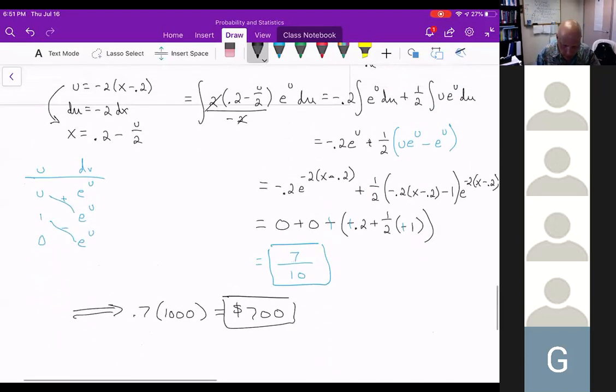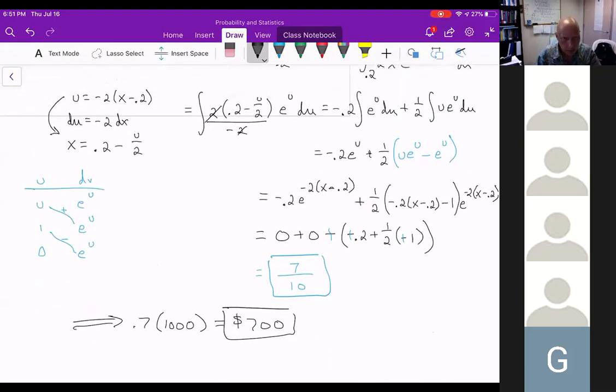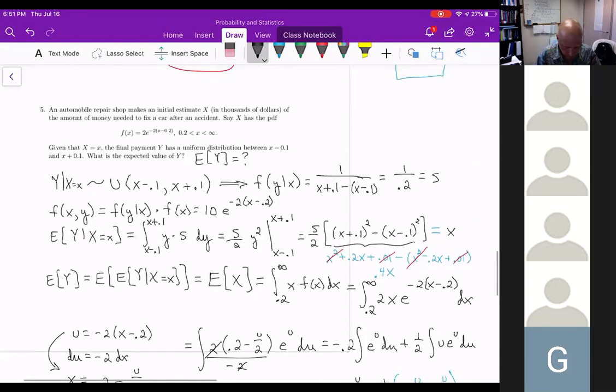So the expected payment is $700. Or the final payment, the expected value of the final payment is $700.